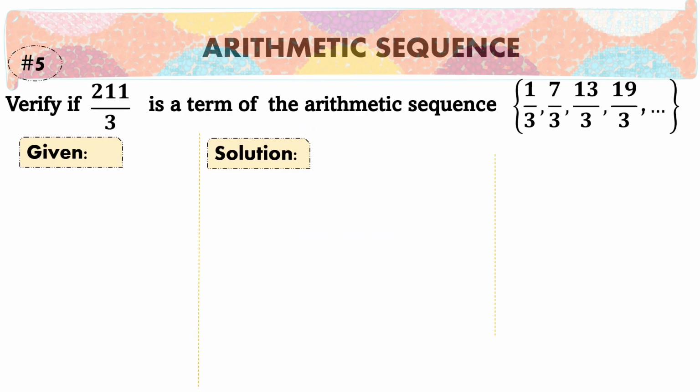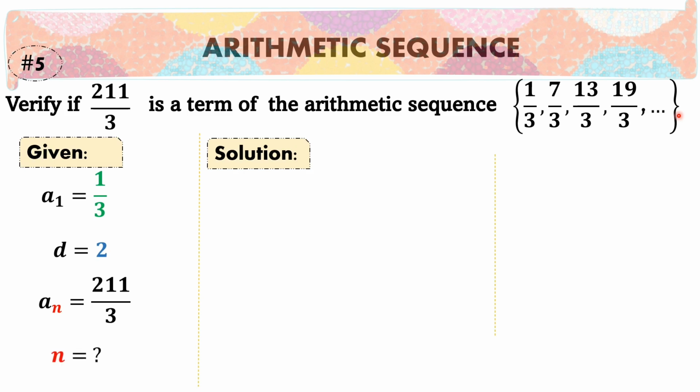Number 5. Verify if 211 thirds is a term of the arithmetic sequence 1 third, 7 thirds, 13 thirds, 19 thirds, and so on. Given are A sub 1 is 1 third, D is 2, A sub n is 211 over 3, or 211 thirds.